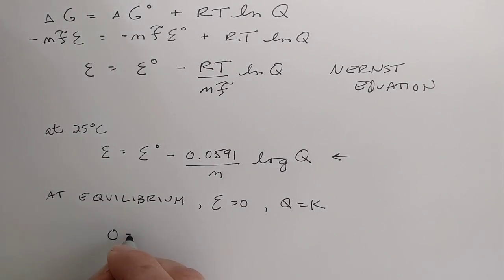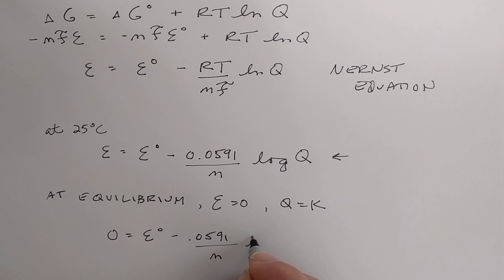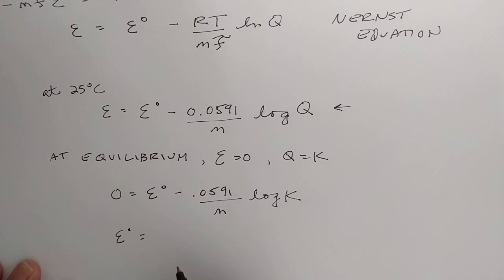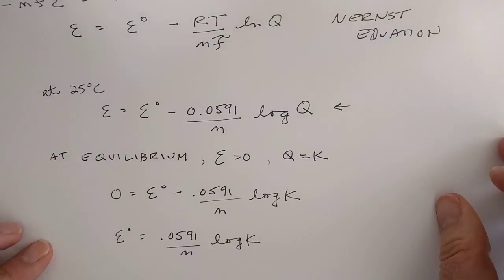We would have 0 equals the E0 minus 0.0591 over N, the common log of K. So this gives us that E0 equals 0.0591 over N, the moles of electrons transferred, times the log of K. So if we know our E0, we can calculate the K.